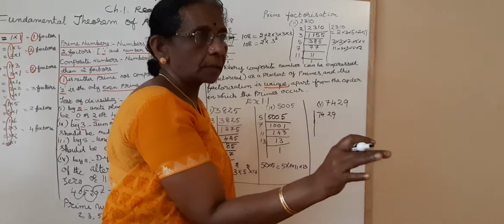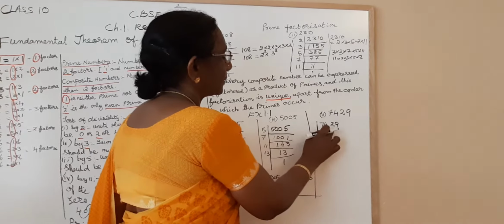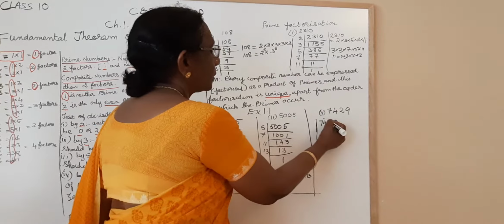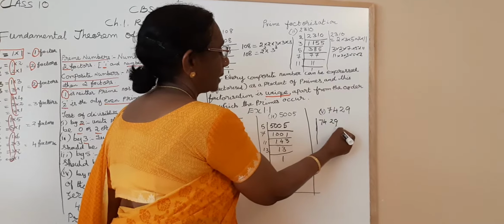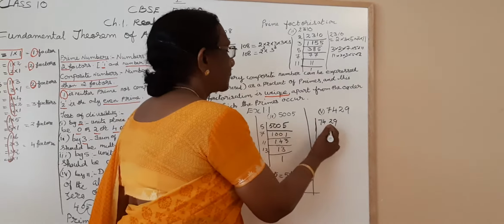It is not divisible by 3 also. It's not divisible by 5. Check with 7. 7 ones are 7, 7 sixes are 42, 9. It is not divisible by 7. Let's go to 11. 7 plus 2, 9, 9 plus 4, 13, minus 9, 3. It's not divisible by 11.